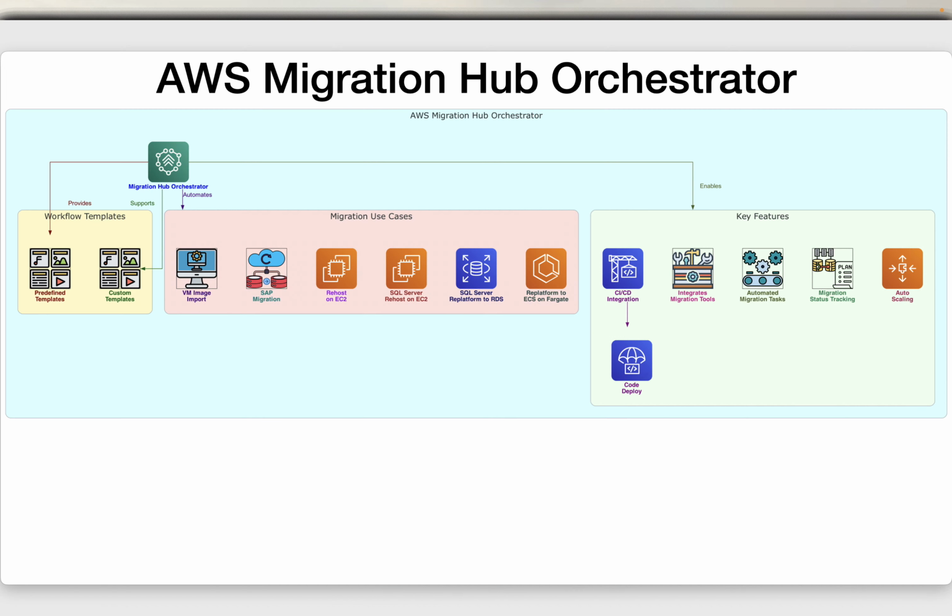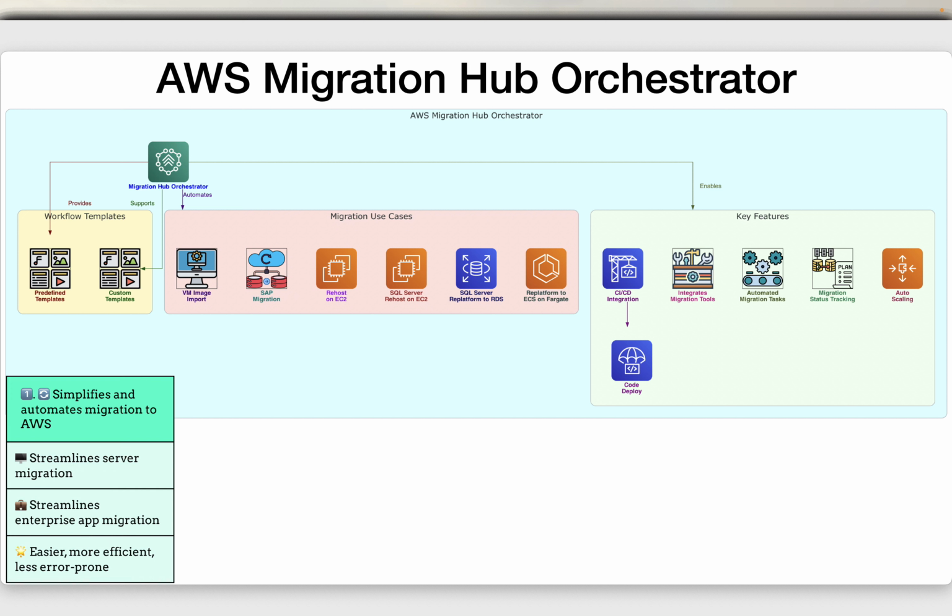Okay, next important component is AWS Migration Hub Orchestrator, which is to simplify and automate your cloud migration journey. AWS Migration Hub Orchestrator streamlines the process of migrating servers and enterprise applications to the AWS cloud.